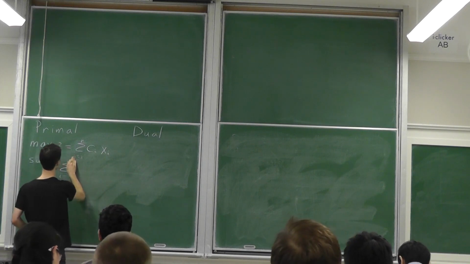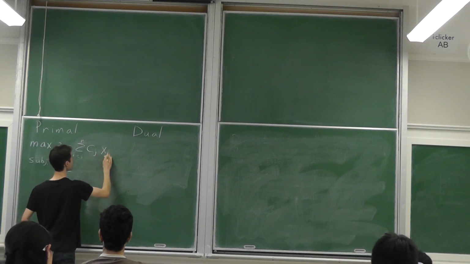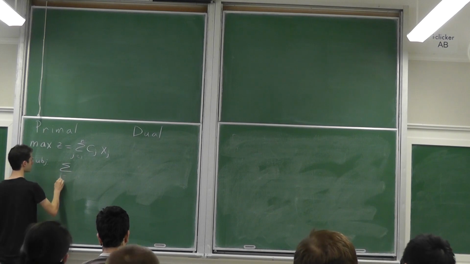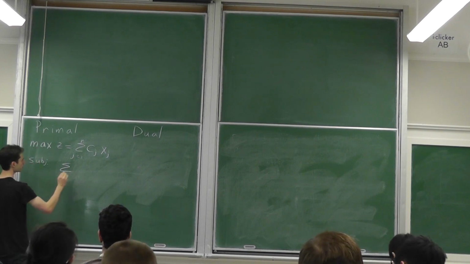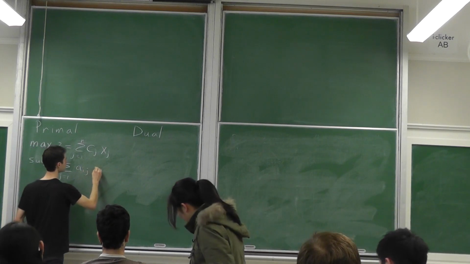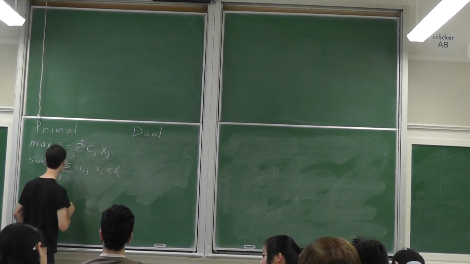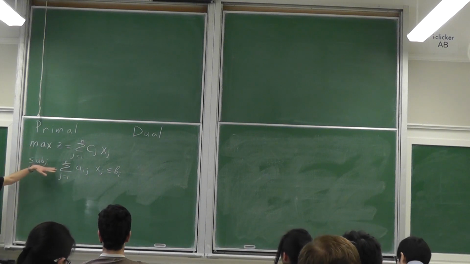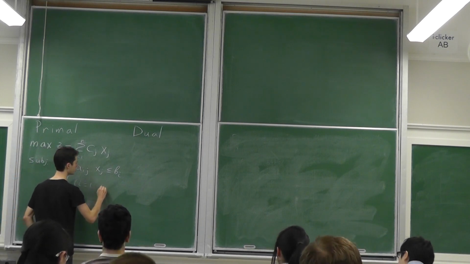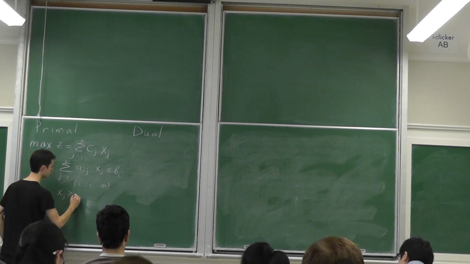Sorry, I wanted this index to be j, for compatibility with what I'm going to write next. So here it will be the sum for j from 1 to n of a_ij x_j smaller or equal than b_i. Let's say here we have m constraints, so i is any number from 1 to m, and of course all x_j's will be positive.